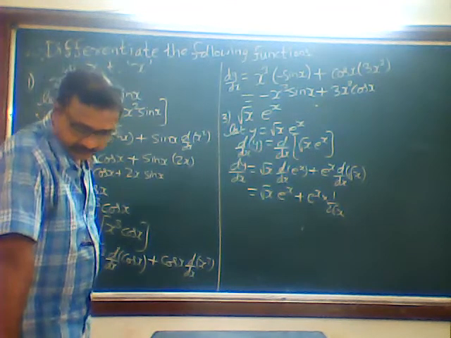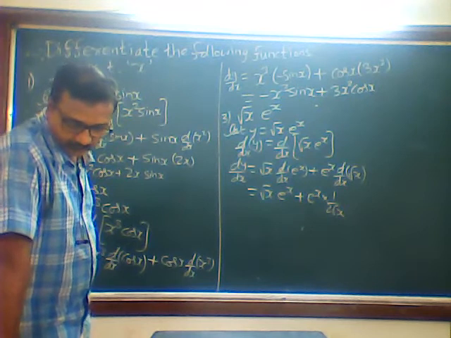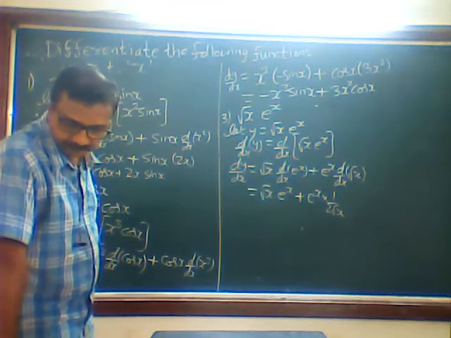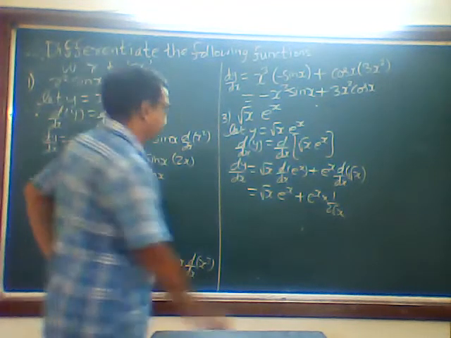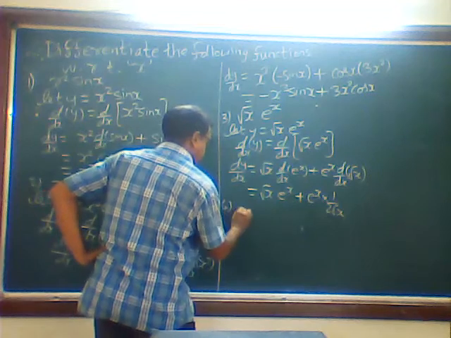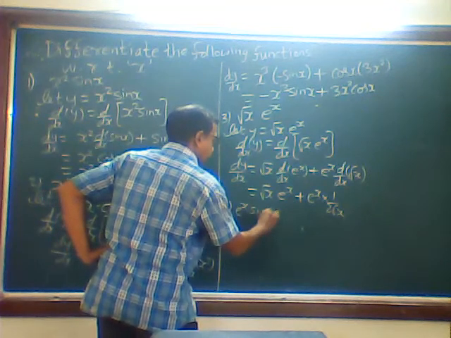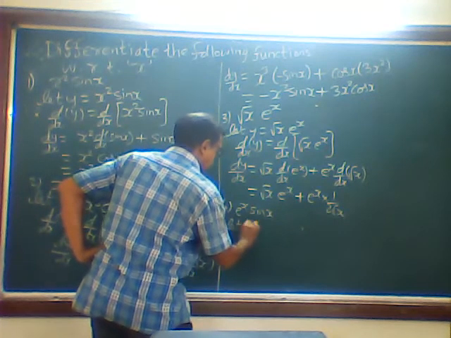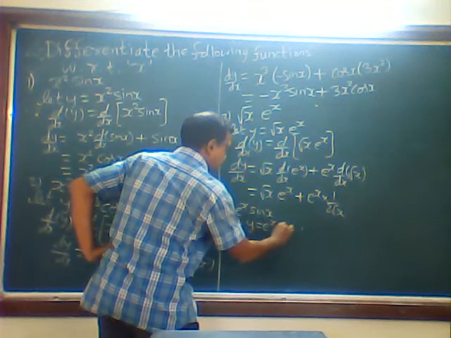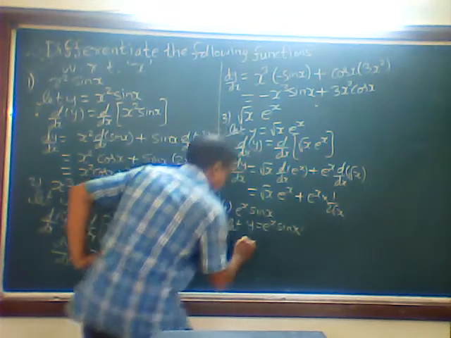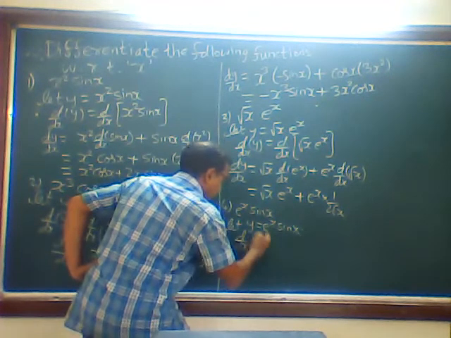Next, x square plus 1 into tan x. Otherwise, we will do this one: e raised to x sin x. Let y is equal to e raised to x sin x. Okay? We will apply d by dx on both the sides.